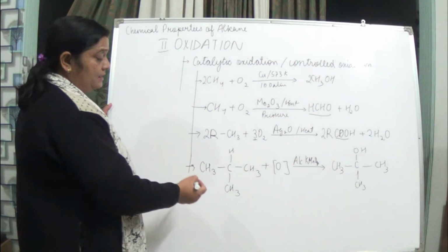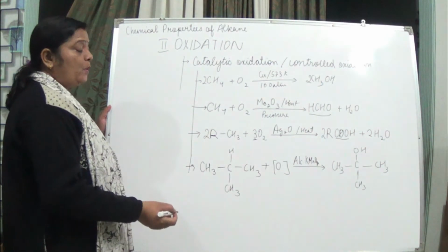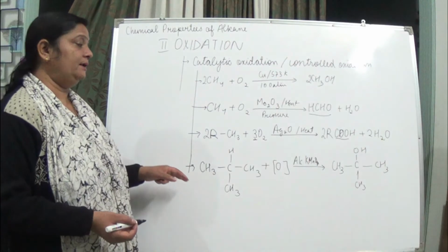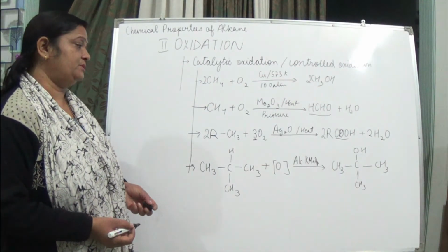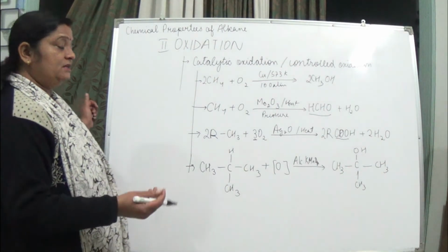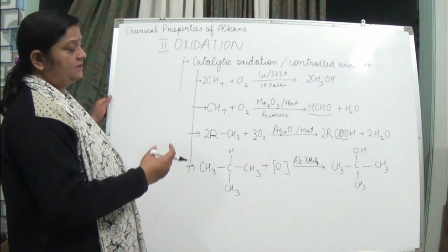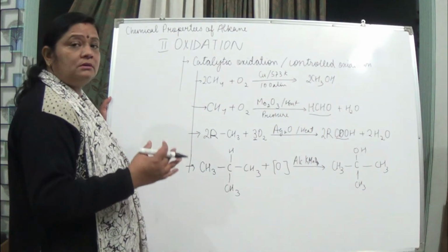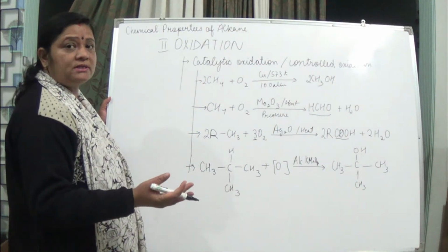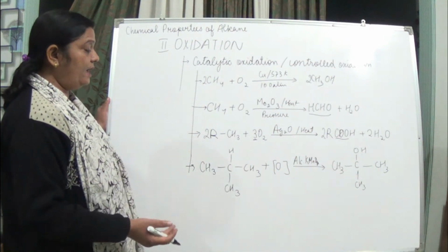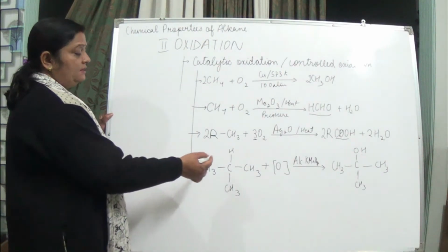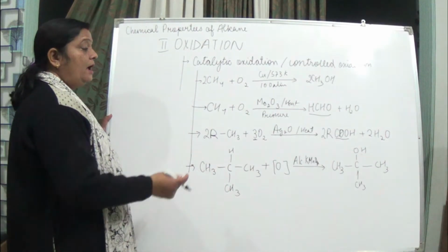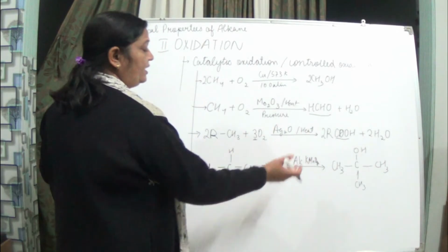In this case, when we add alkaline KMnO4 or K2Cr2O7, that is potassium permanganate or potassium dichromate, they don't actually work, but yes, they work in some cases. Like if we have taken 2-methyl propane, this reagent provides what?